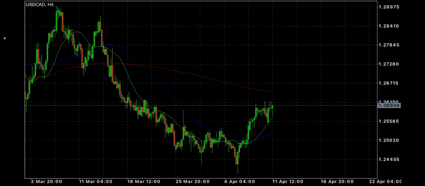One of Canada's major exports, believe it or not, is oil. Every time the price per barrel of oil goes up, the Canadian dollar gains value. Every time the price of oil goes down, the Canadian dollar loses value.